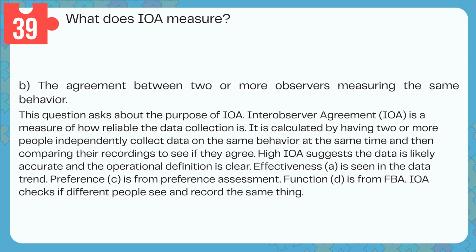High IOA suggests the data is likely accurate, and the operational definition is clear. Effectiveness, A, is seen in the data trend. Preference, C, is from preference assessment. Function, D, is from FBA. IOA checks if different people see and record the same thing.